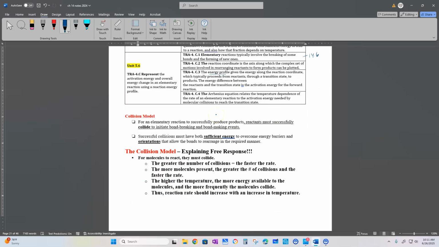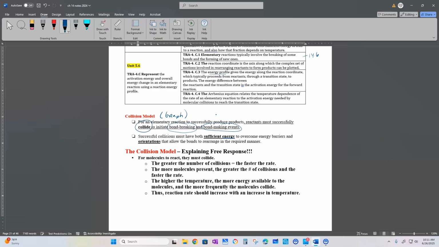Collision model. So we actually have a model, as in a graph, to help us understand how temperature can affect a reaction. So in an elementary reaction, to successfully produce products, you have to have reactants that have enough collisions, successful collisions, to initiate the bond breaking and bond making process.